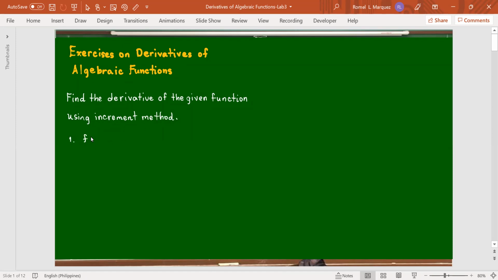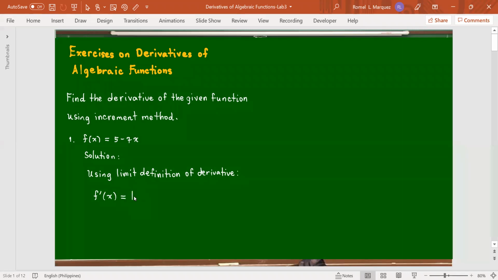Let's say we're given f of x equal to 5 minus 7x. So what is the derivative of this? Using the limit definition of derivative, how do we define f prime of x?